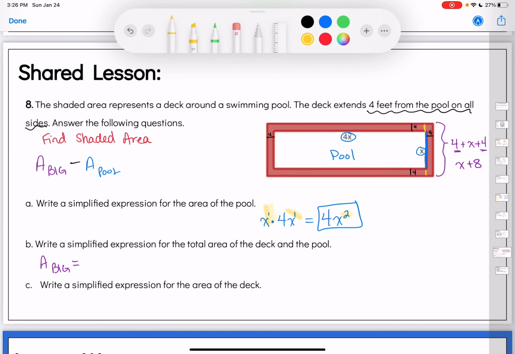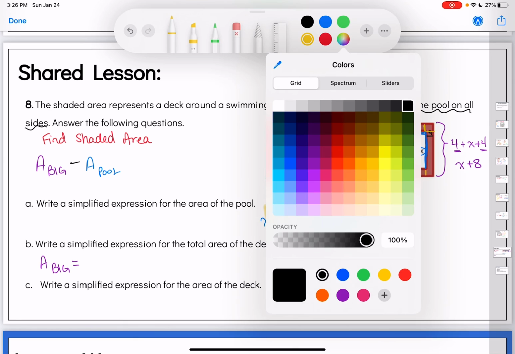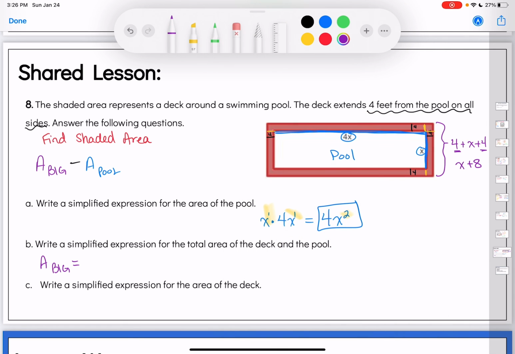Same kind of thing down at the bottom, or at the top, however you want to think of it. This whole thing is 4x, right? But I have 4 on this side, and I have 4 on this side. So this whole side, I'm going to run out of room on the top, so I'm just going to write it on the bottom. This whole side would be 4 plus 4x plus 4.